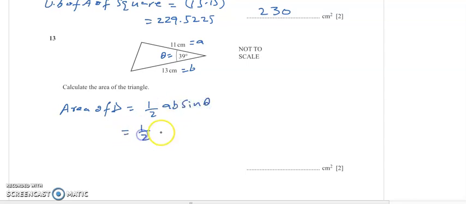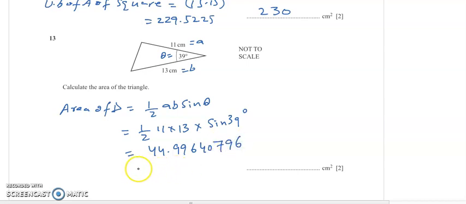So we'll get 1/2 times A, which is 11, times B, which is 13, times sine of 39 degrees. Let's calculate the value with a calculator. We will get 44.99640796 centimeters squared. We can round our answer to three significant figures and that will give us approximately 45. So 45 centimeters squared will be our final answer.